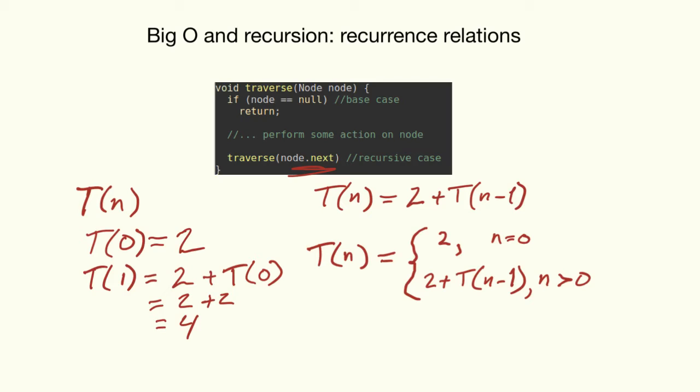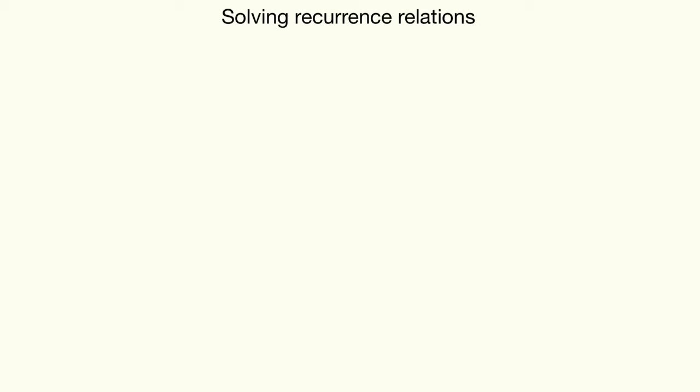And when we have these two equations, this is known as a recurrence relation. It describes mathematically how the time grows when the size of the input grows for this function. So the next question is, how do we find out what this actually is in a non-recursive way? How do we solve the recurrence relation?